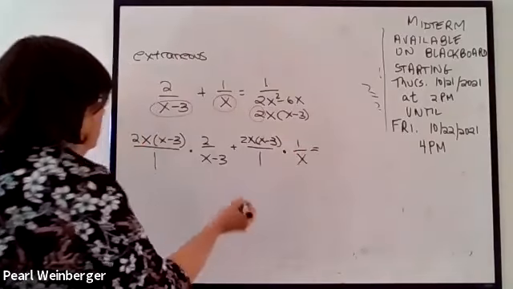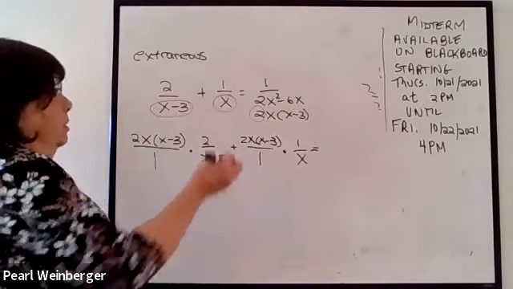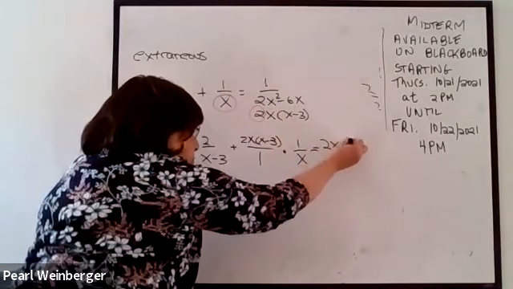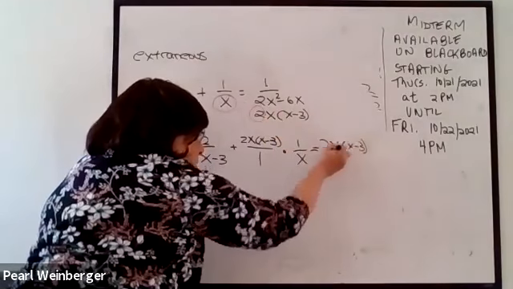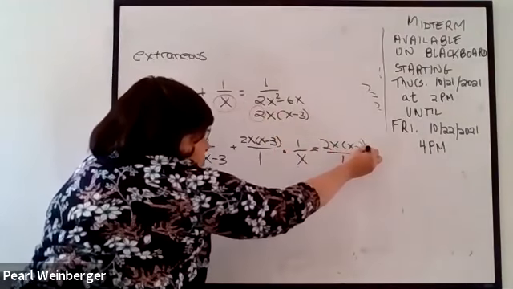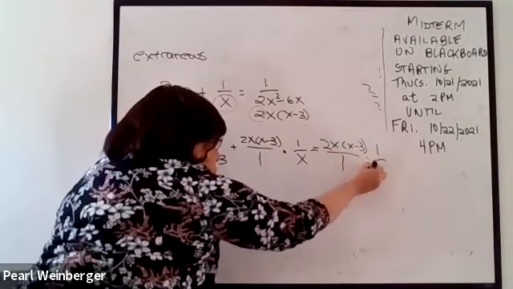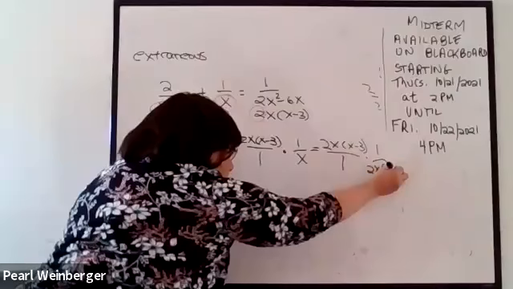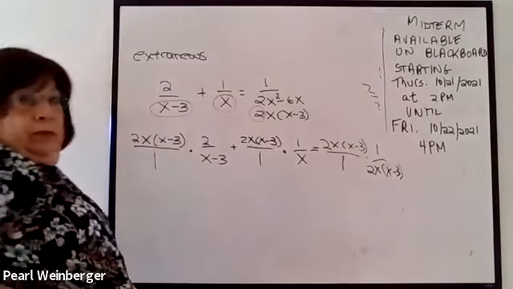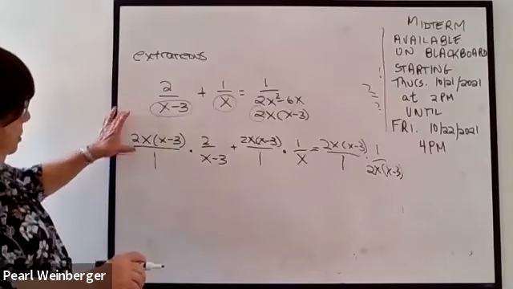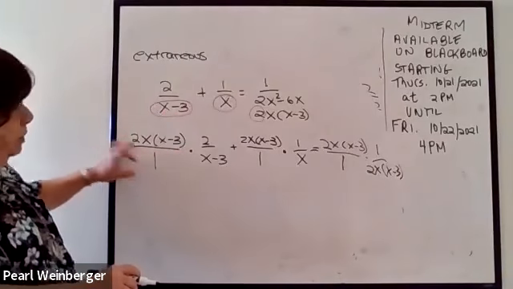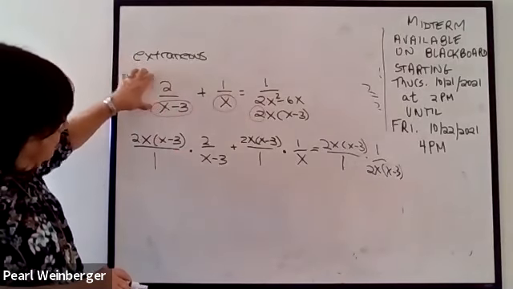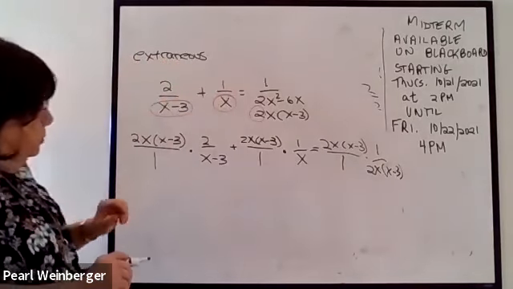And that has to equal the 2x times x minus 3 over 1 times 1 over 2x times x minus 3. Okay. So I took this common denominator, put it over 1, and distributed, multiplied it by each one of these fractions.